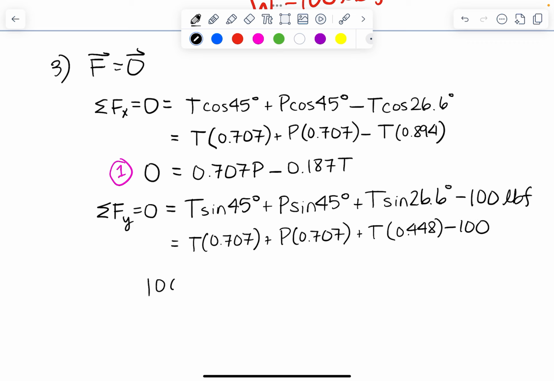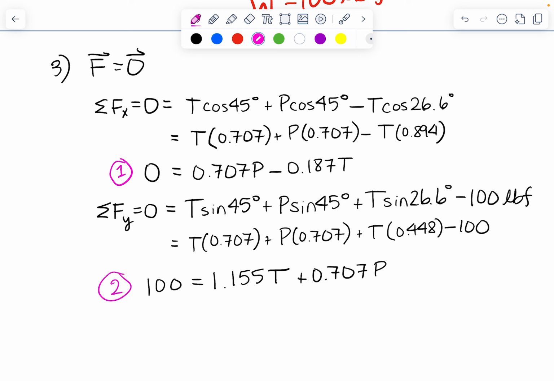Okay, so I'm just moving this 100 over to the other side. So 100 equals 1.155 t. That's just 0.707 plus 0.448, plus 0.707 p. Okay, so here's my second equation.